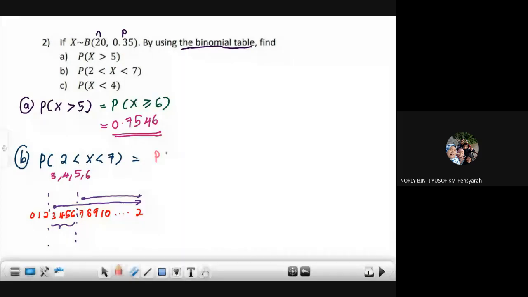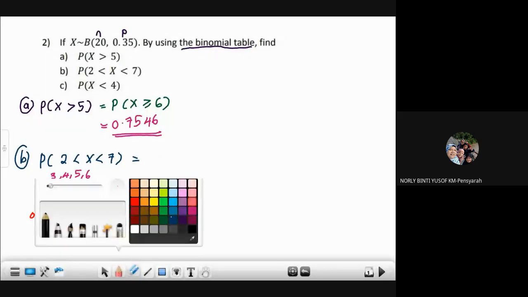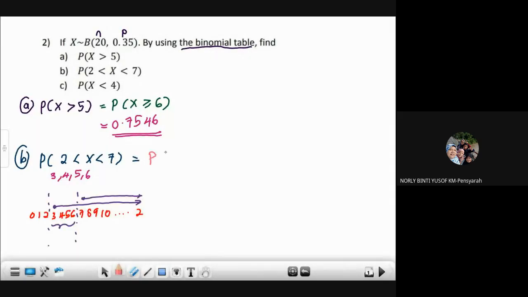So dia akan jadi X greater than 3 tolak X greater than 7, tak, 7 tolak dengan X greater than 7. X greater than 3 yang panjang kan. X greater than 3 discrete minus X greater than 7. Okay, nampaklah kat sini. Greater than 3 tolak greater than 7 included akan dapat discrete 3, 4, 5, 6.